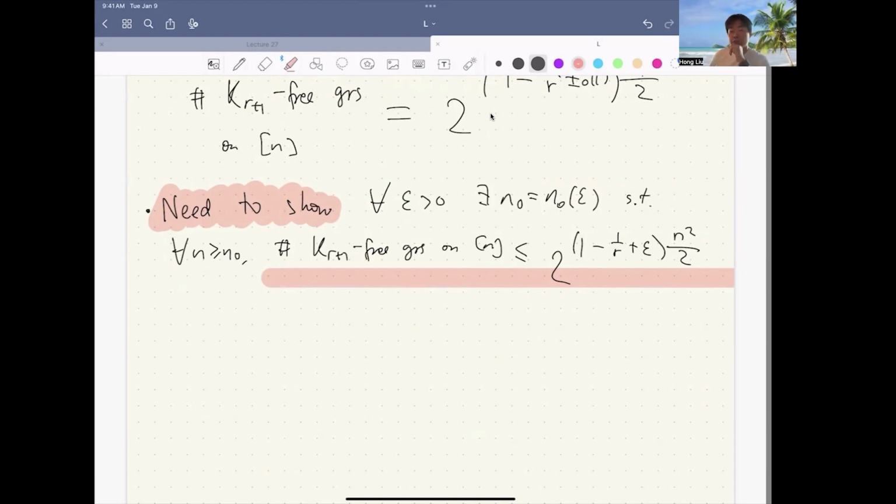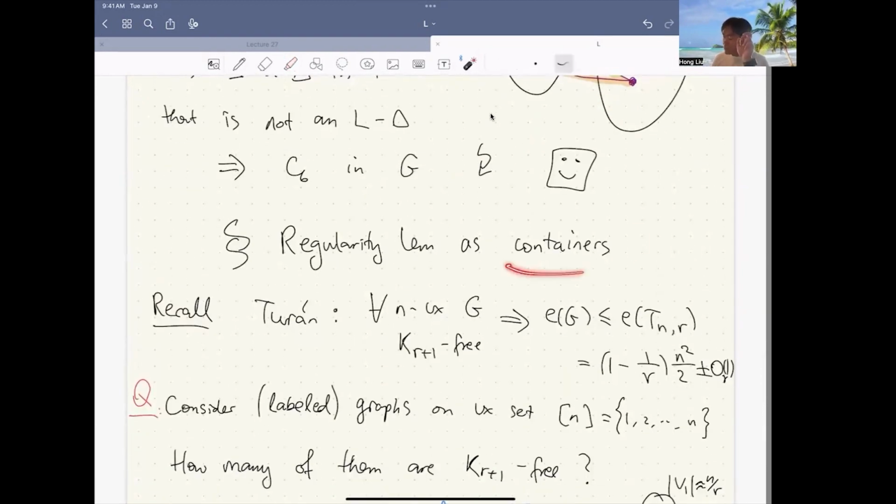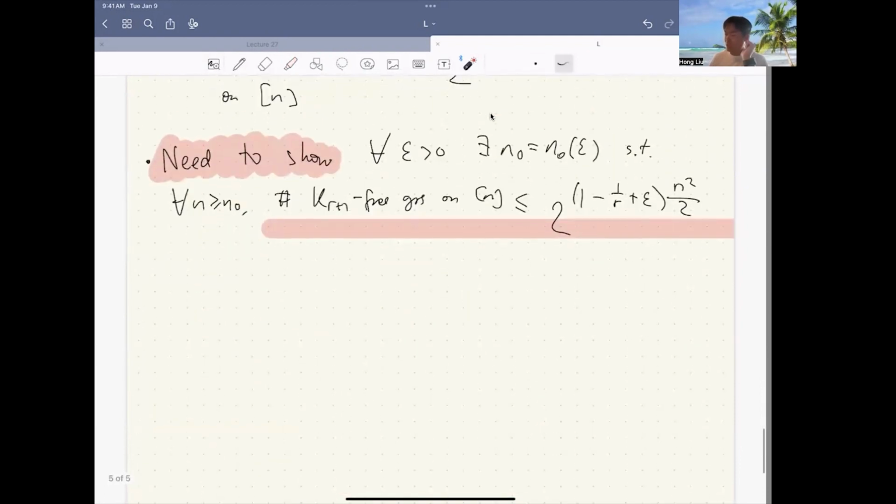All right, how do we show this? The idea is in this word, containers. What it means is that as n tends to infinity, it's not practical to count K_{r+1}-free graphs one by one, labeled, right? We want to somehow group them into bundles, into different groups. And we hope that the number of groups we group them into is not so many.